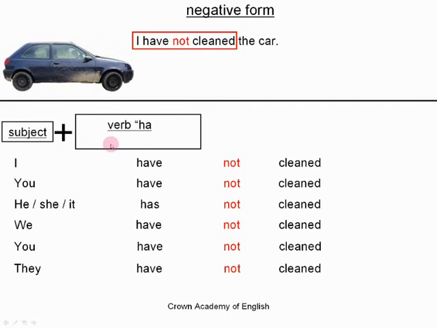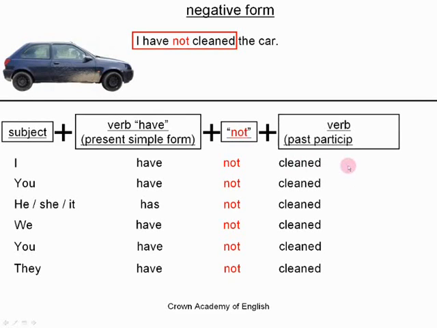Subject. The verb have in the correct form of the present simple. The word not. And then the past participle form again. Okay? And as always, be careful of he, she, it.